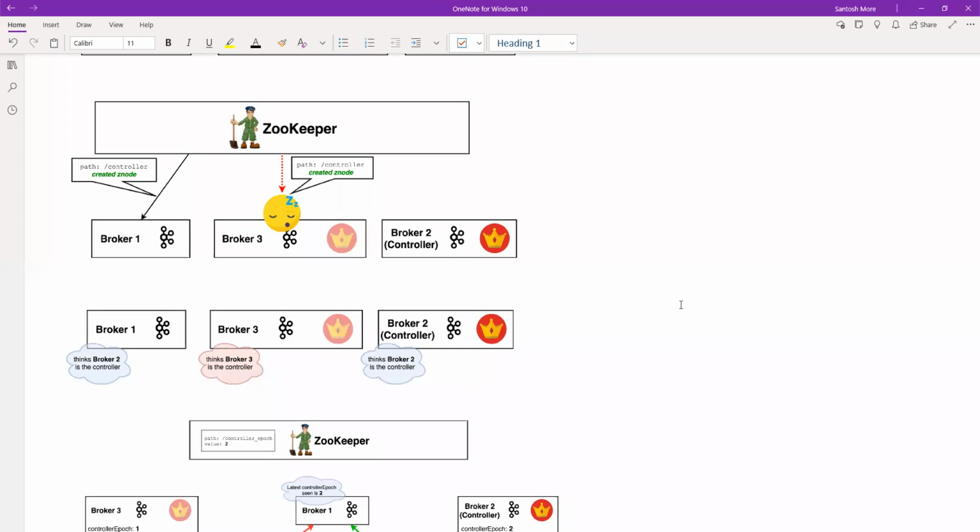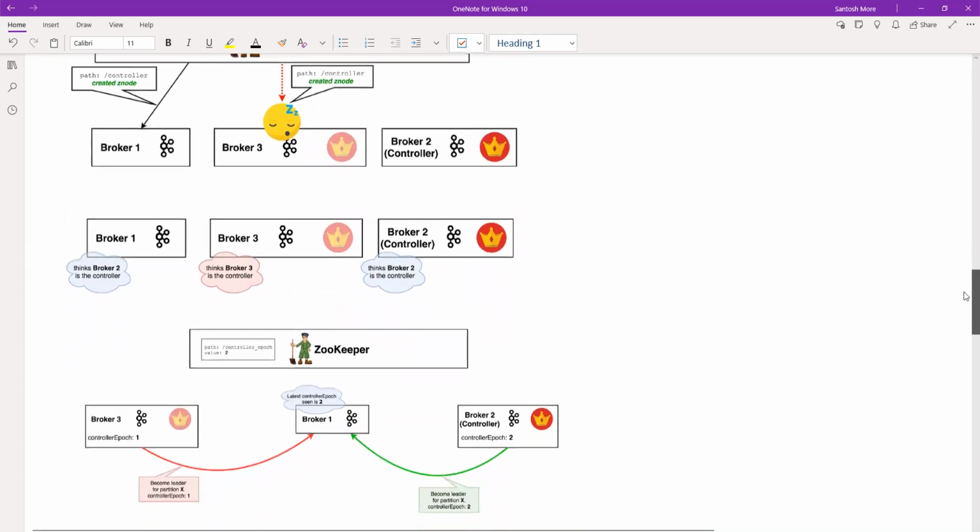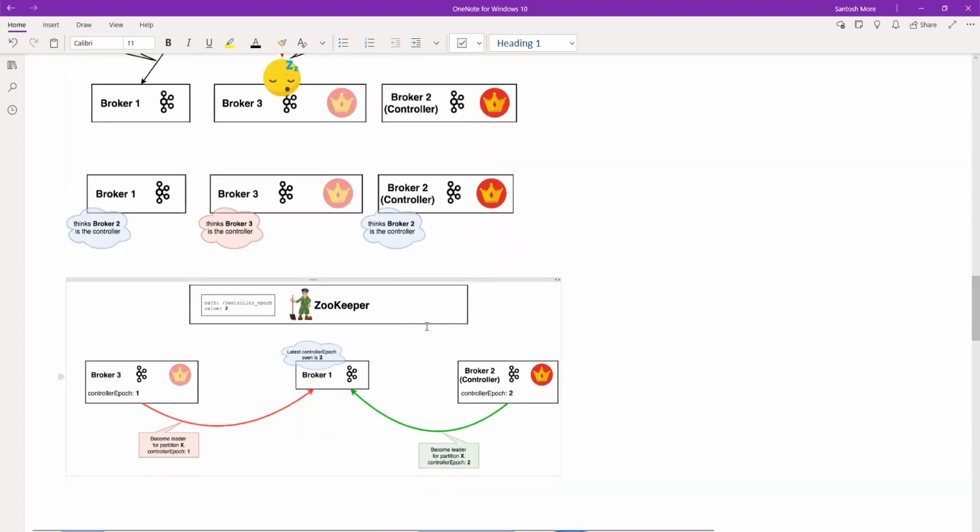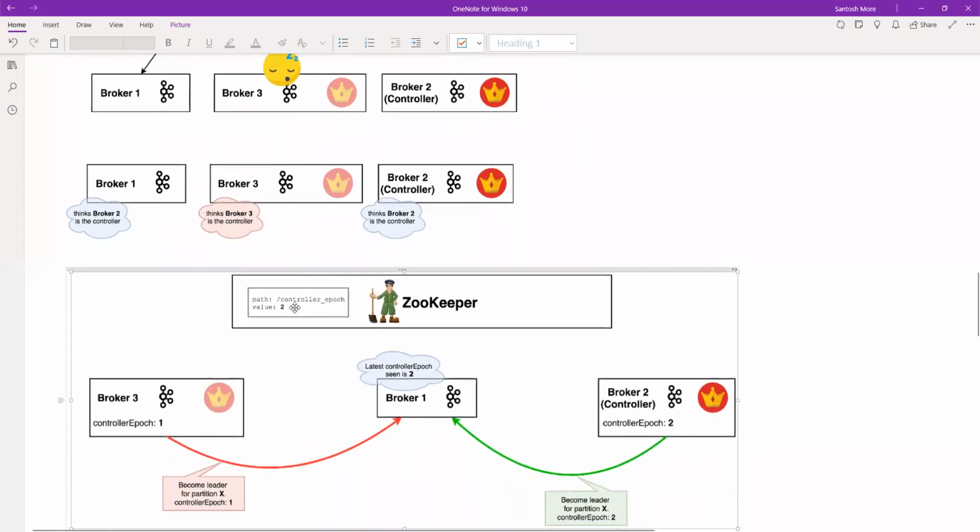And how this is resolved is by a mechanism called the generation clock, right? The generation clock is something called an epoch number. In this small diagram it is written slash controller dash epoch, so that is the path, which is one of the nodes in Zookeeper. Whatever value is there will be the latest one.